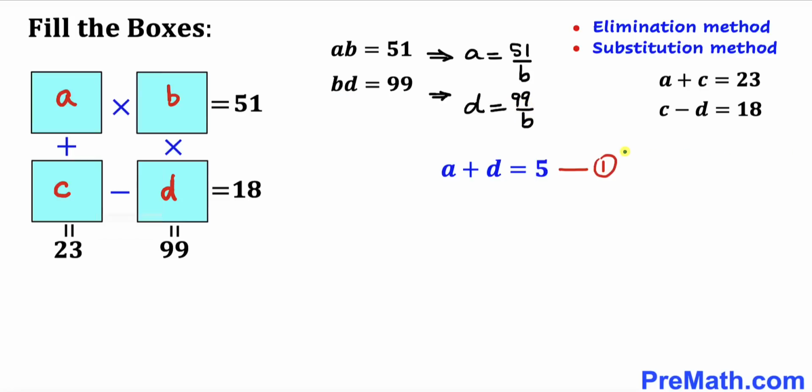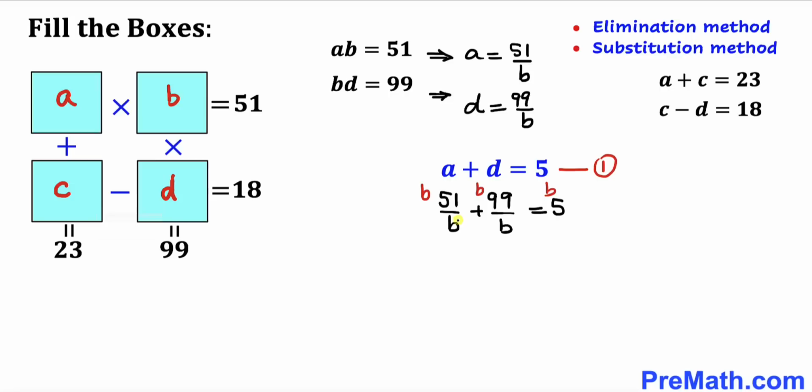Now let's focus on equation 1. Here I'm going to replace a by 51 divided by b. Likewise, I'm going to replace d by 99 divided by b in equation 1. So let's substitute these values. We got 51 divided by b plus 99 divided by b equals 5. Now let's remove these fractions by multiplying by b across the board, with each and every term.